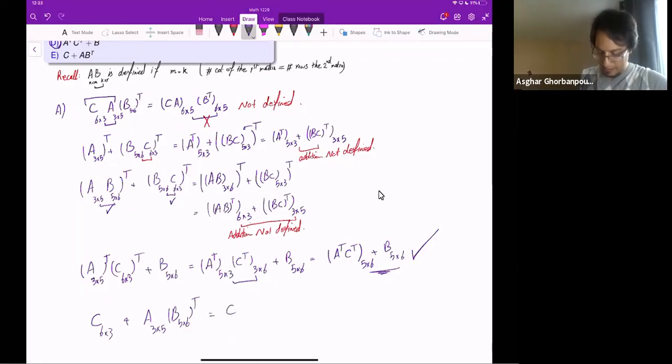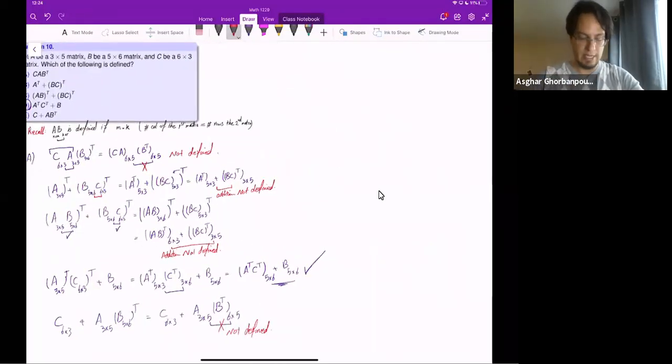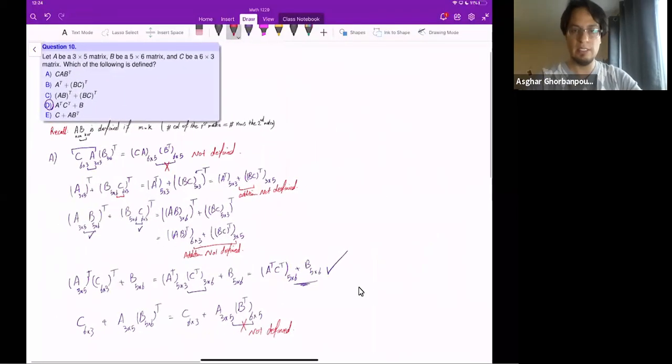And what will happen? This will stay the same, but the transpose will turn that around. So B transpose is going to have 6 rows and 5 columns. And right away, you see that you cannot multiply them. And that will give us the answer that we already found. Part D is the right answer for this question.